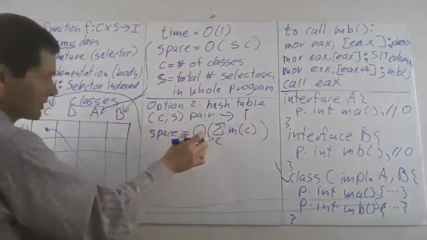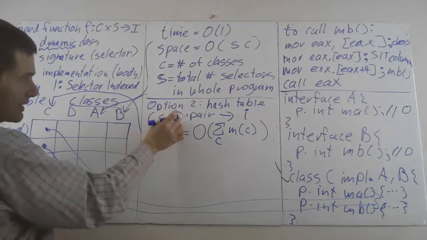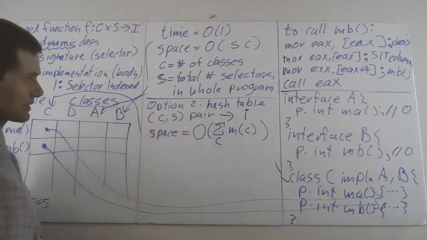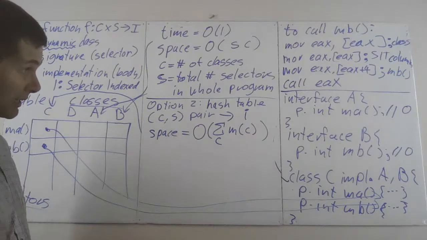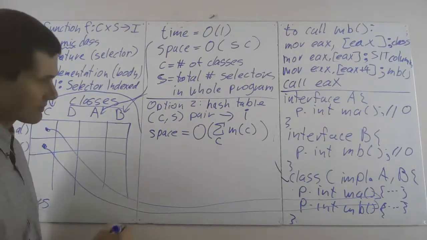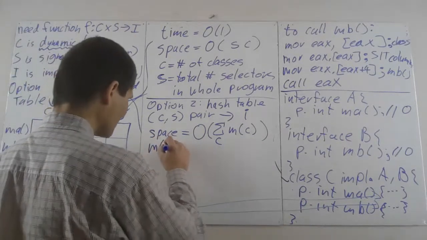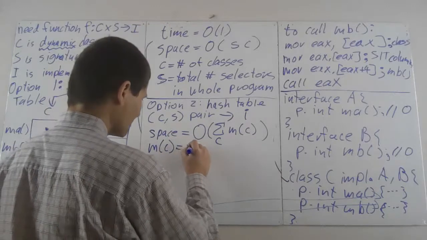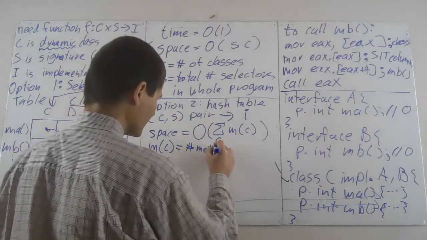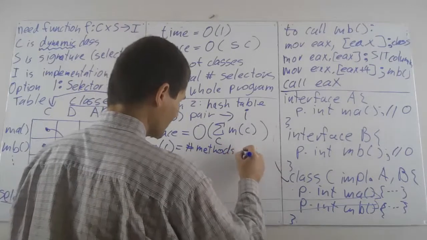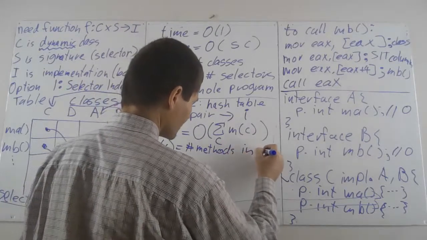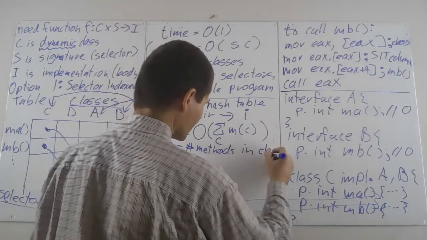For each class, you're going to have as many selectors as there are methods implemented in that class, where M of C is the number of methods in the class C.